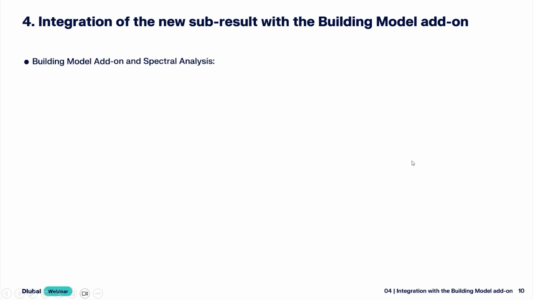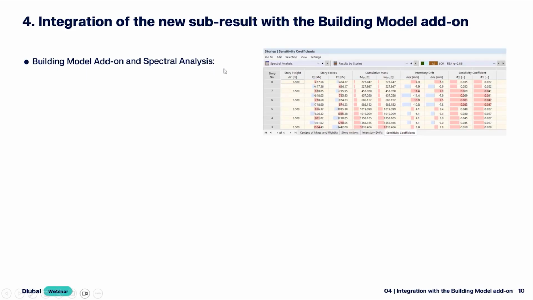The building model add-on and the spectral analysis, the RSA, when both are activated in the program, deliver a particular set of results, which are the results by stories. I'm going to show this in the program, but let's first take a look at a concept.